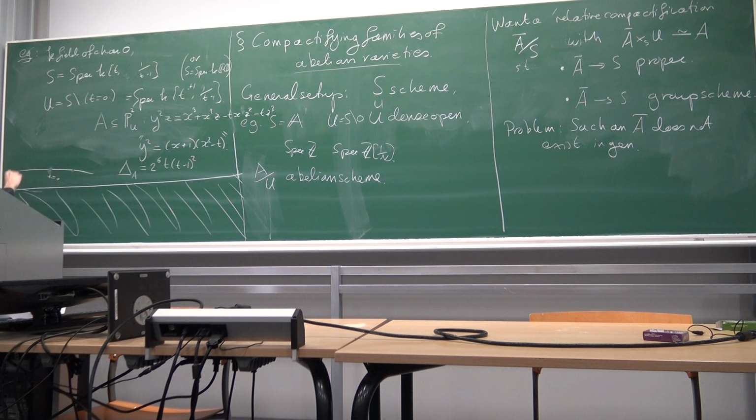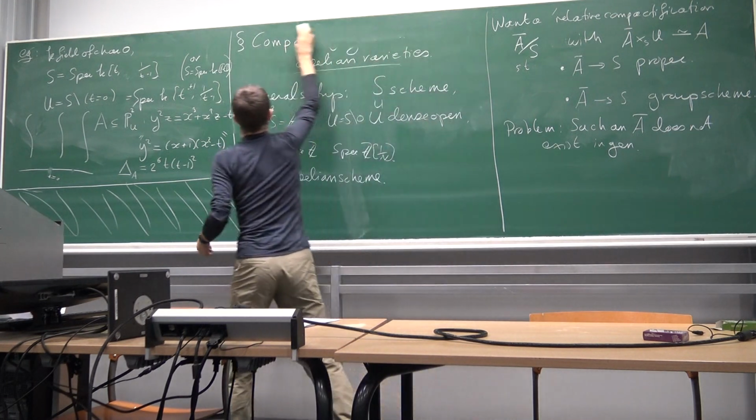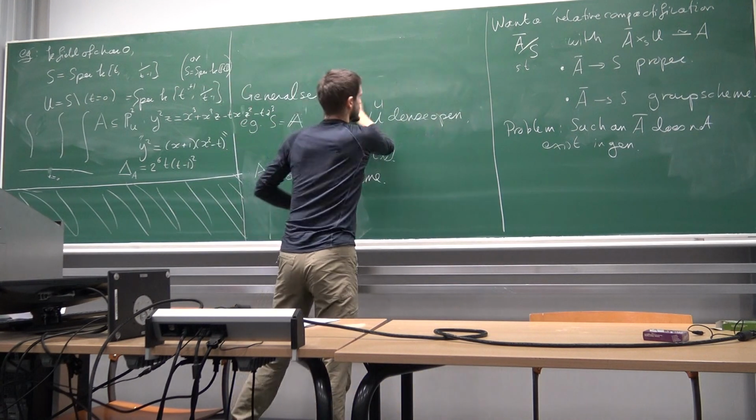Okay, so if I draw myself a picture, these are my genus 1 curves. Over U I have this nice smooth thing, this is my A, and I'd like to try to make an A bar. And I should fail, otherwise it would not be a good example of what I'm trying to say.